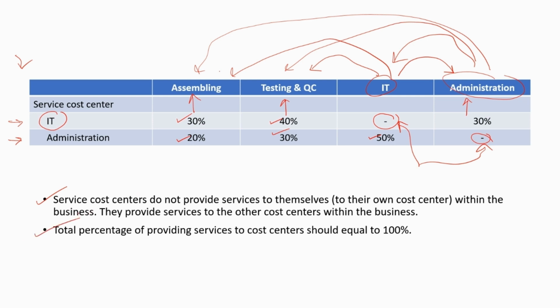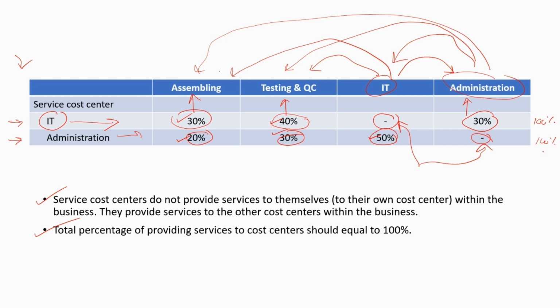Total percentage of providing services to cost centers should equal 100%. This is the IT service cost center. Now let's calculate and see if this is equal to 100%. 30%, 40%, 70% plus 30% is 100%. So this is correct. Now for the administration, 20% plus 30% is 50. 50 plus 50 is 100%.